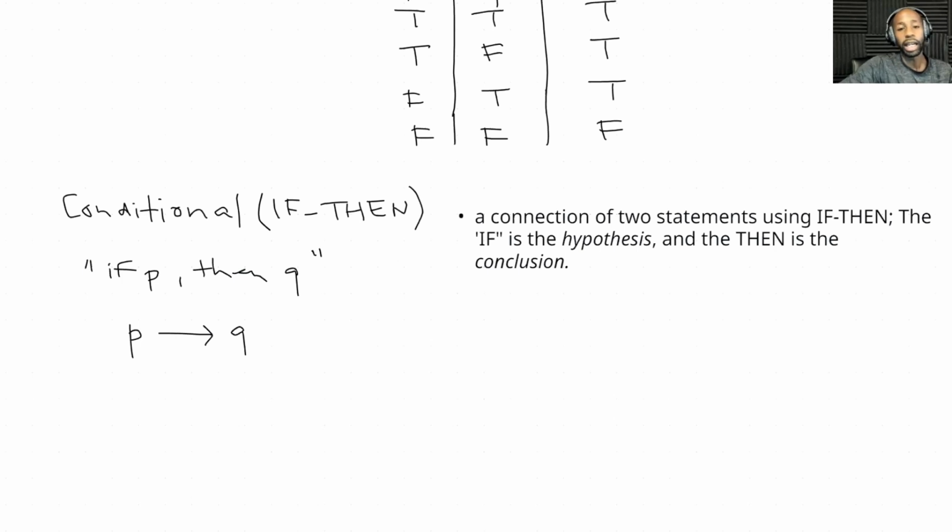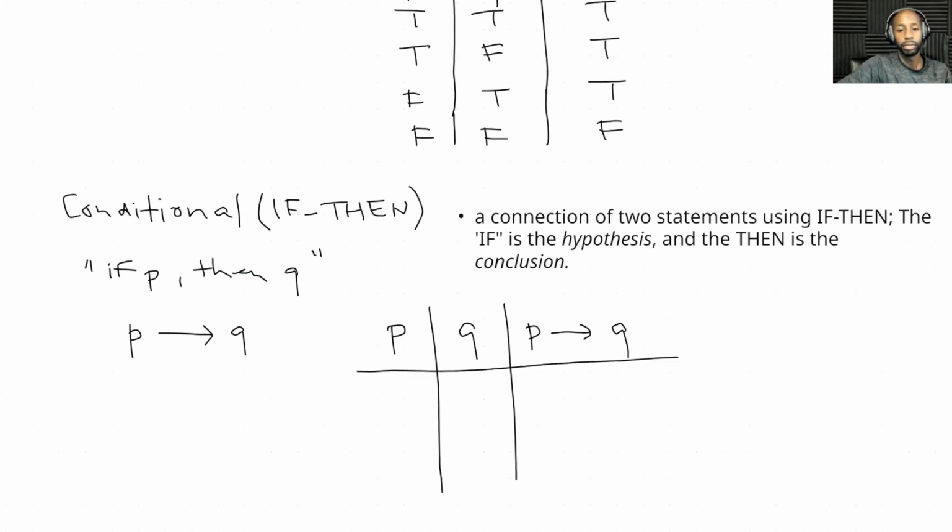Okay. So now let's construct a truth table for this. So you've got P, Q, and then if P, then Q. Now let's think about this. So if P happens, then Q happens.